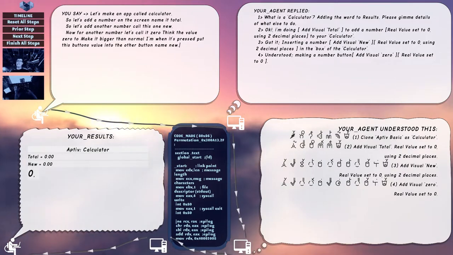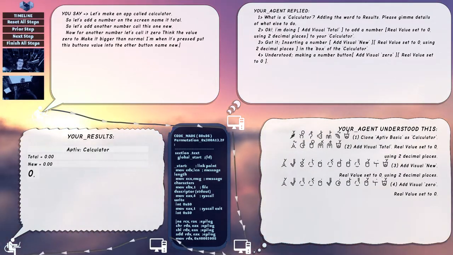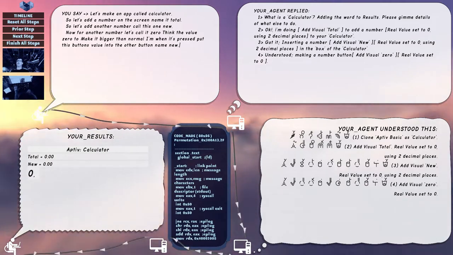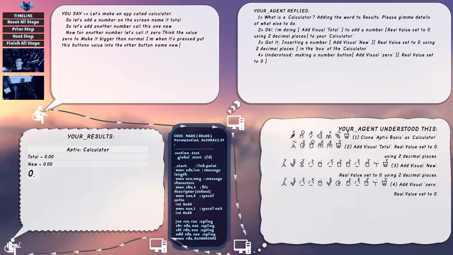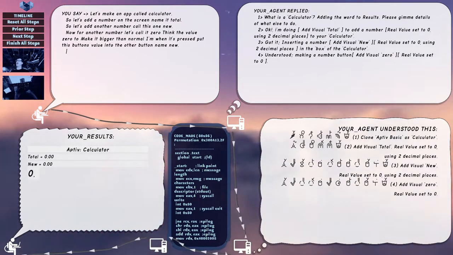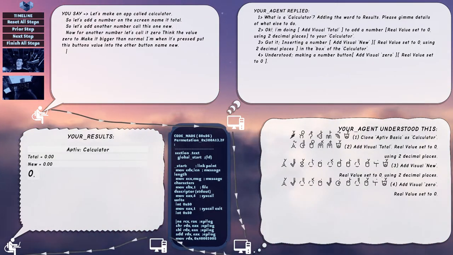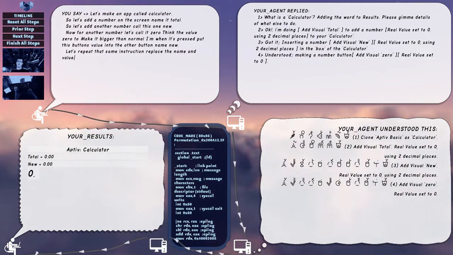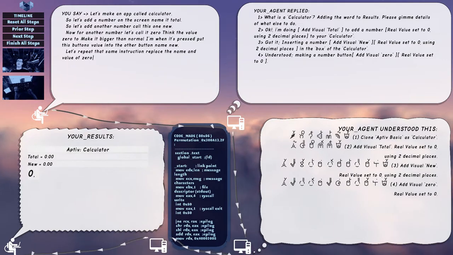So this is our first piece of behavior, and we can see it in the understood box that sort of describes a sense of what it does. Let's repeat that same instruction, but replace the name and value of 0 with 1.